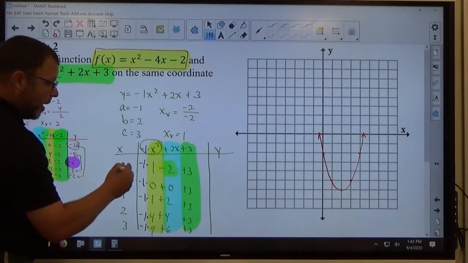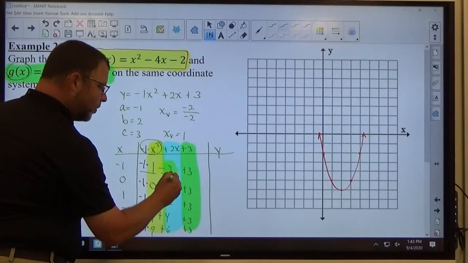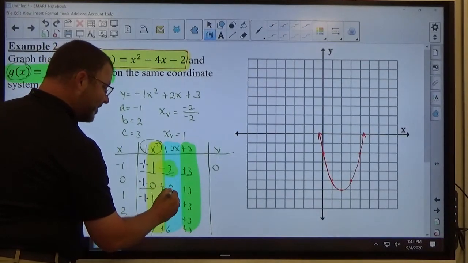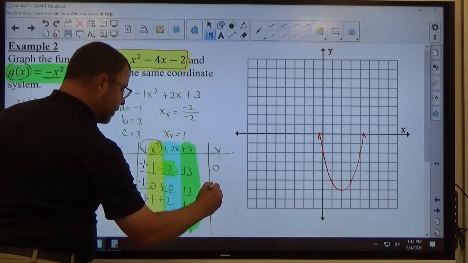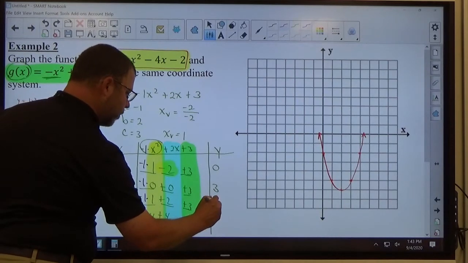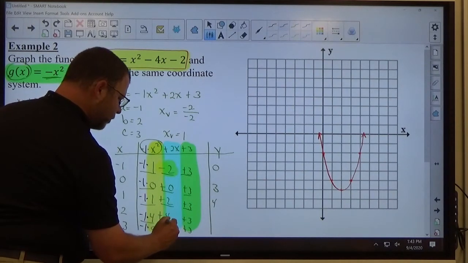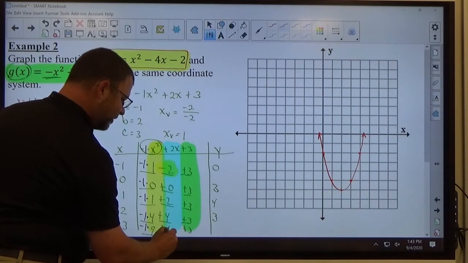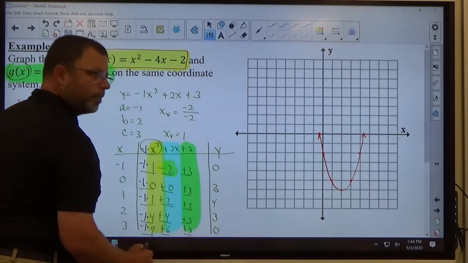So if we work it out, negative 1 minus 2 is negative 3 plus 3 is 0. 0 plus 0 is 0 plus 3 is 3. Negative 1 plus 2 is 1 plus 3 is 4. Negative 4 plus 4 is 0 plus 3 is 3. And negative 9 plus 6 is negative 3 plus 3 is 0.